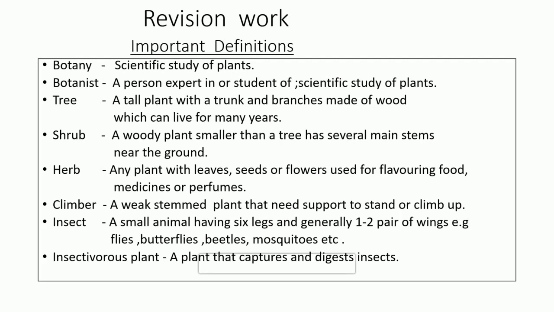Insect, a small animal having 6 legs and generally 1 or 2 pairs of wings, for example, flies, butterflies, beetles, mosquitoes, etc. Insectivorous plant, a plant that captures and digests insects. Please read all the definitions, understand and revise.